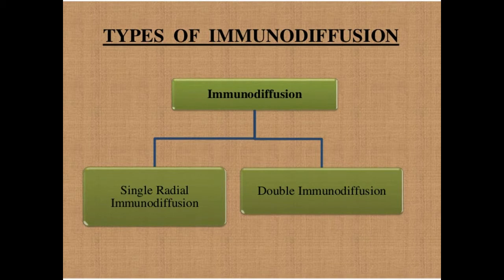Single diffusion in one dimension is the Oudin procedure. Single diffusion in two dimensions is radial immunodiffusion.